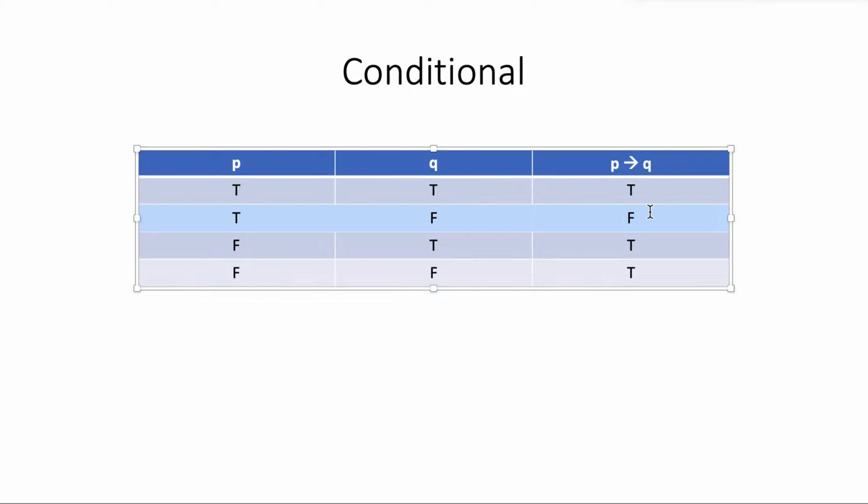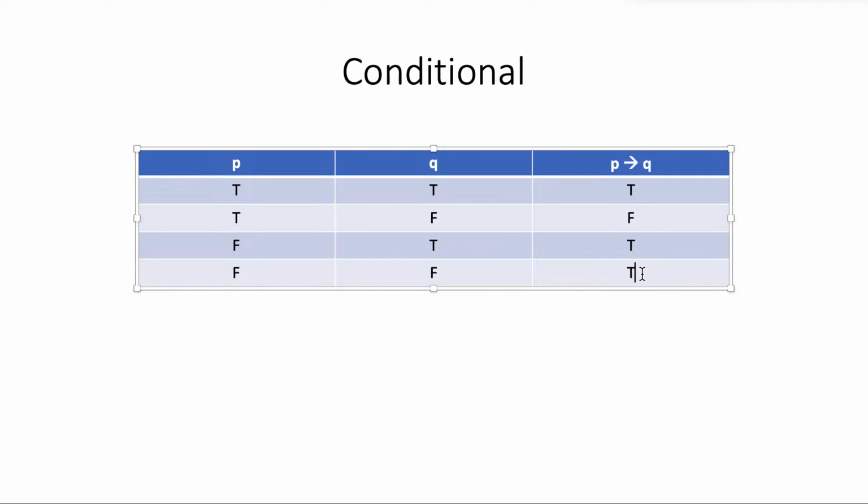So this table is showing us that the conditional sentence is true all of the time, except for when the antecedent, the thing that comes before the arrow, the thing that comes to the left of the arrow, is true, and the thing that comes after is false. When we have a true antecedent and a false consequent, the conditional is going to be false. At any other time, it's going to be true, okay? Here we have true, and here we have true.